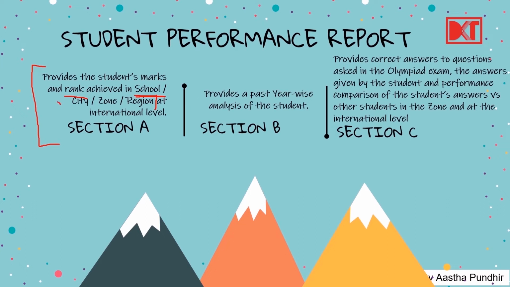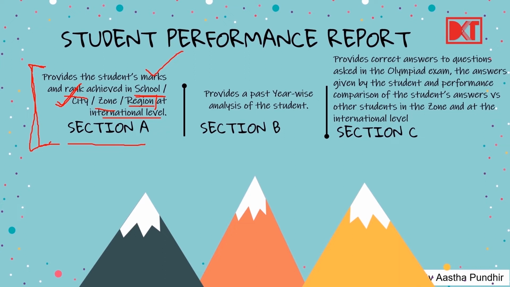And then in the city, suppose if you are in class 12th, so class 12th की जो भी students ने दिया है आपकी city में, उन सब की comparison में आपकी rank क्या है. Similarly for the zonal level, similarly for the regional level, and at the international level as well. Alright, so this is the section A. This provides you your marks and your rank. Now this is the basic चीज जो हर exam के बाद आपको मिलती ही है. Right, so this is the first basic section.